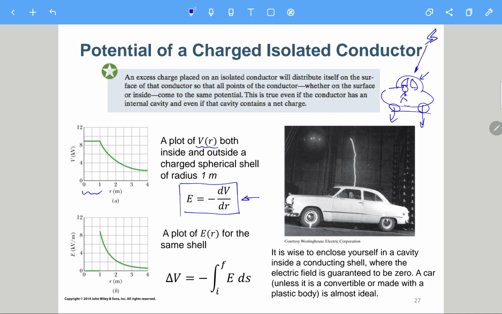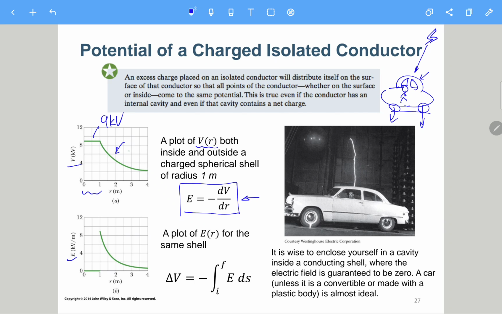Within 0 to 1 meter, the voltage is maybe 9 kilovolt, and then exponentially decays. So we know that this is V, so if we take the derivative of this curve, then we will have the electric field.